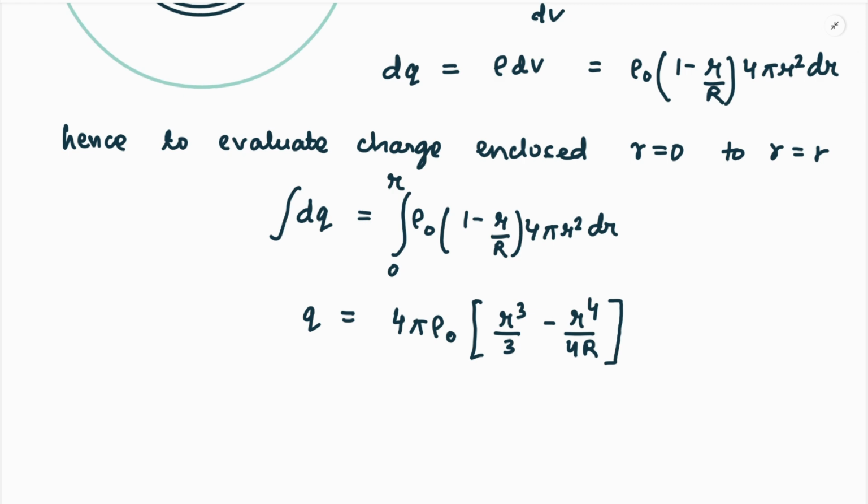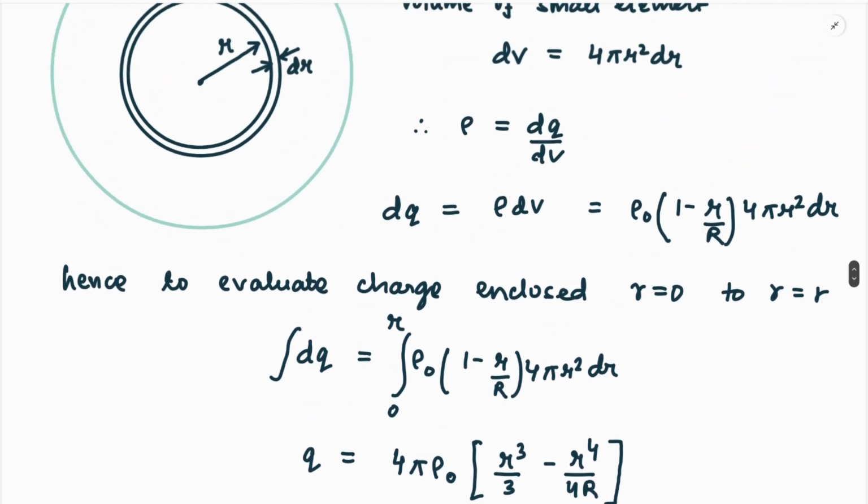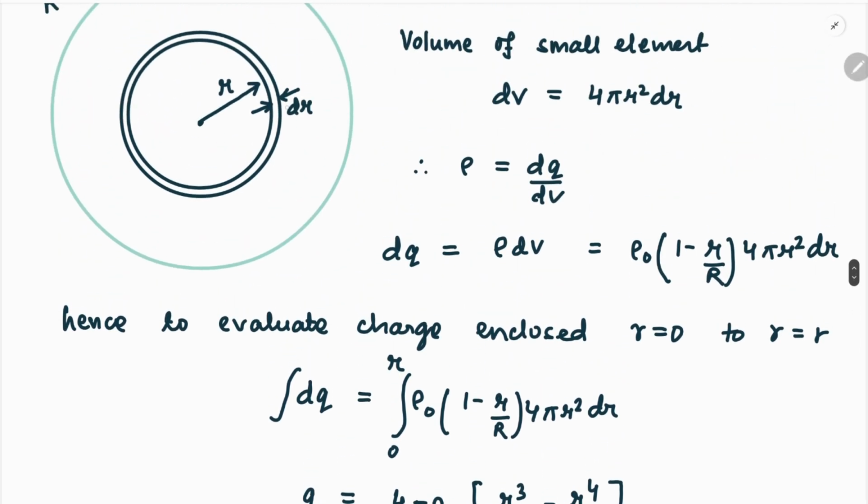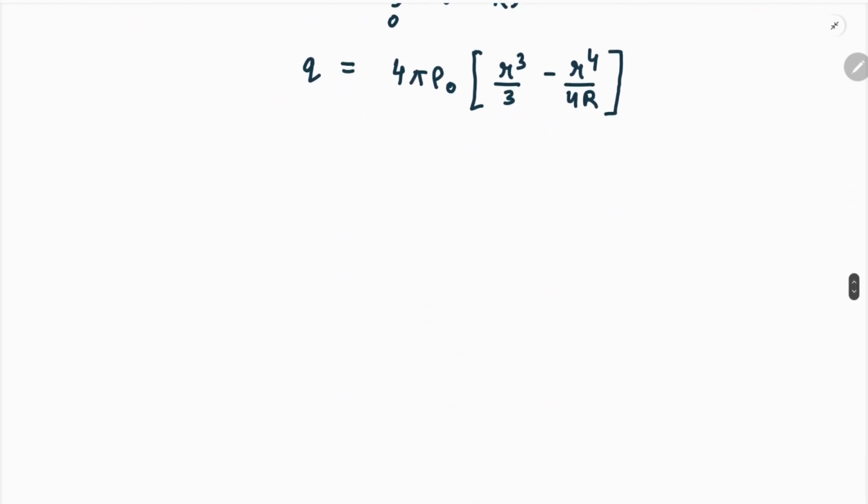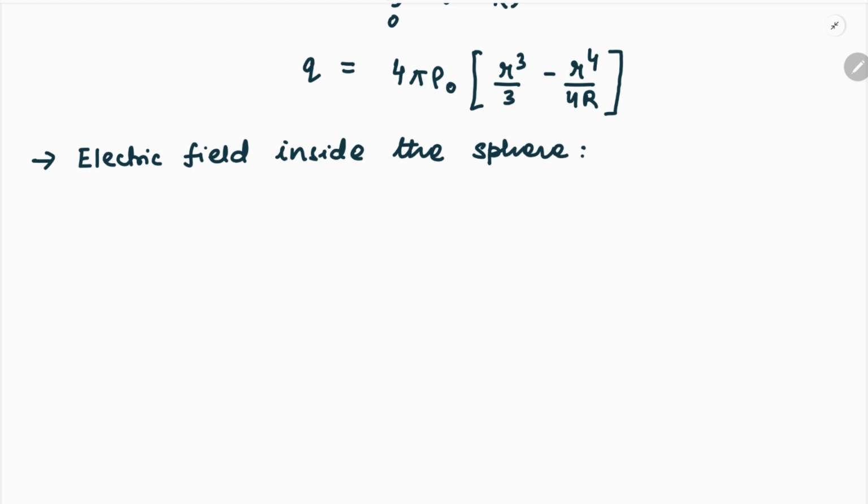Now if we calculate the electric field at a point which is at a distance r from the center, say at this point which we refer to as P, we are finding the electric field inside the sphere. So we apply Gauss law for this particular region, and we say the integral of E dot dS is equal to q enclosed by epsilon naught.